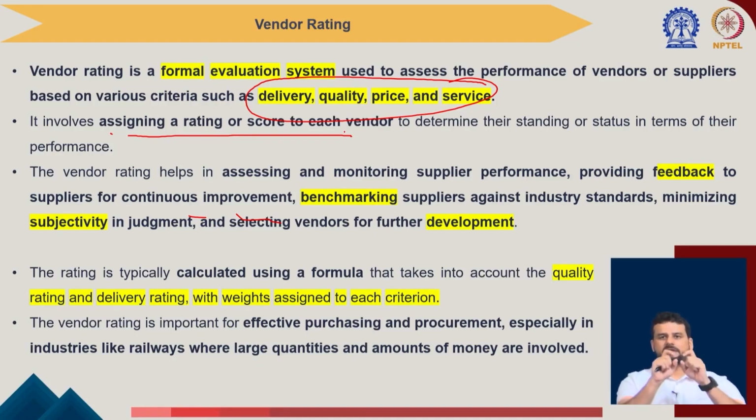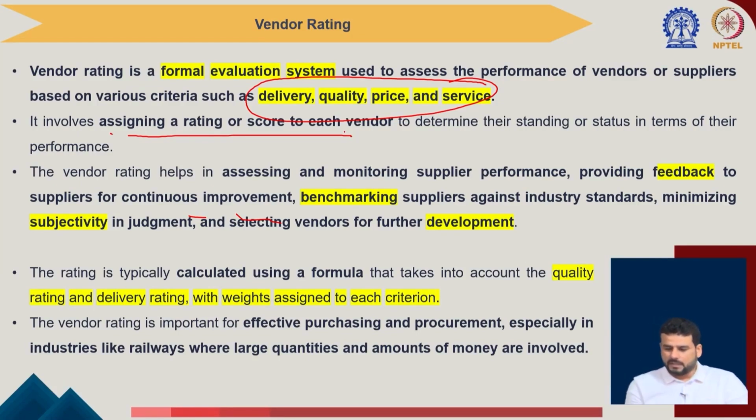So why are we doing vendor rating? The very basic purpose is that when we allocate the orders to all those vendors, the maximum order should go to the vendor who is more strategic, giving us more strategic options. That means the one with the highest rating, right. So we should allocate the maximum order to that vendor.